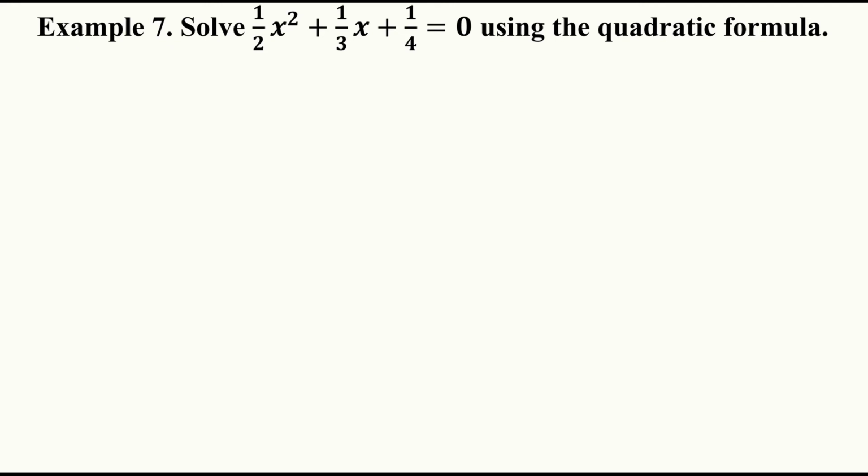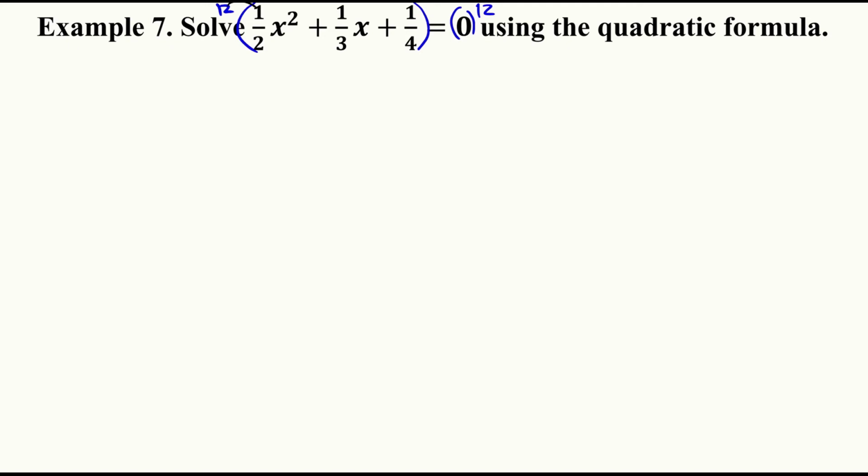So this time we will go ahead and solve it using the quadratic formula. So we're going to go ahead and multiply both sides of this equation by 12. And when we do so, we want to make sure that we remember to distribute.